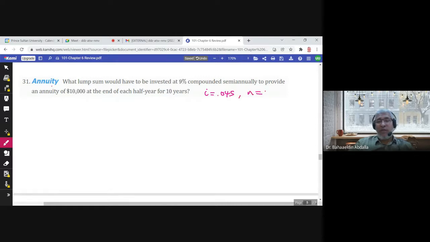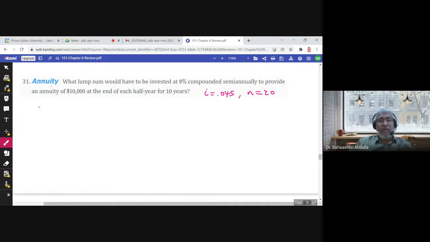So n is 2 times 10, that's 20. To provide an annuity of 10,000 at the end of each half year for 10 years. So what lump sum would have to be invested? This is the lump sum we need now. Okay, so this is the present value of an annuity that will give us 10,000 at the end of each half year for 10 years.